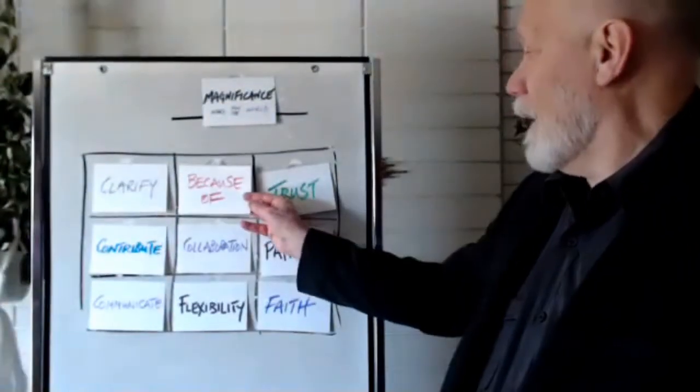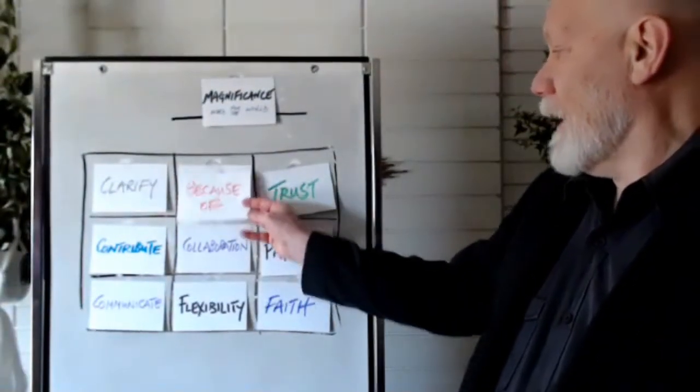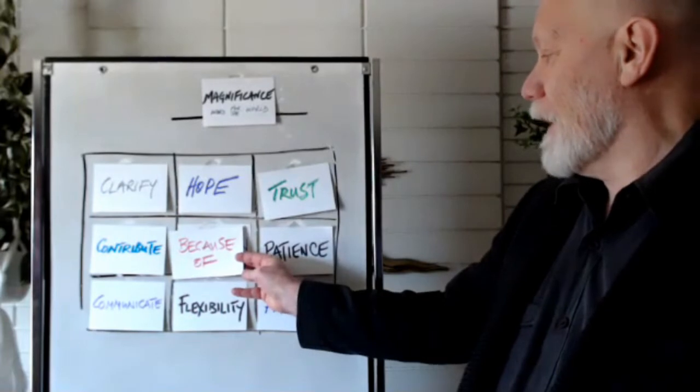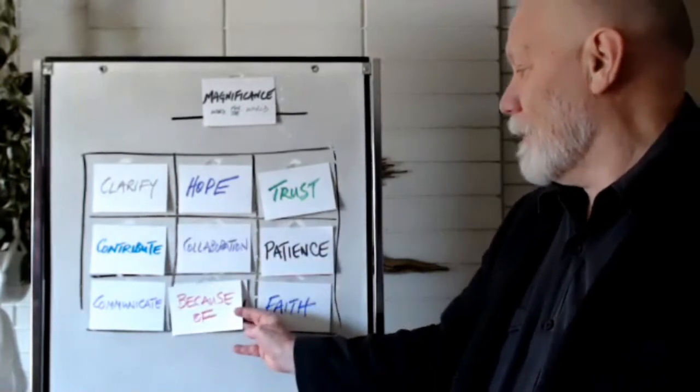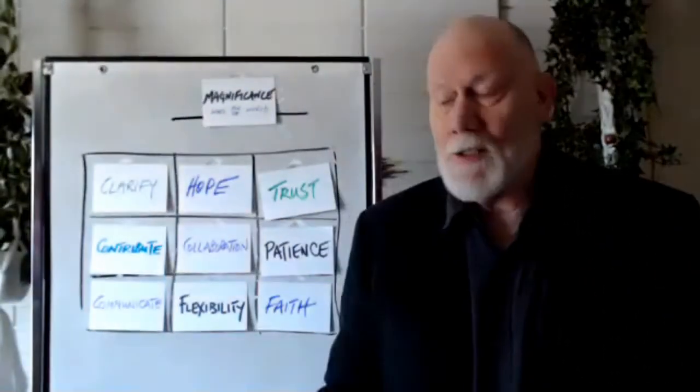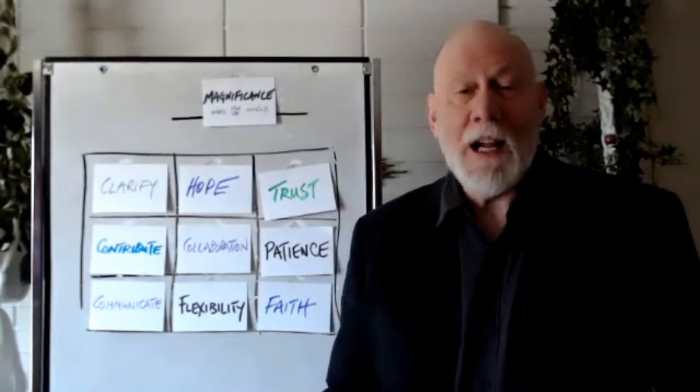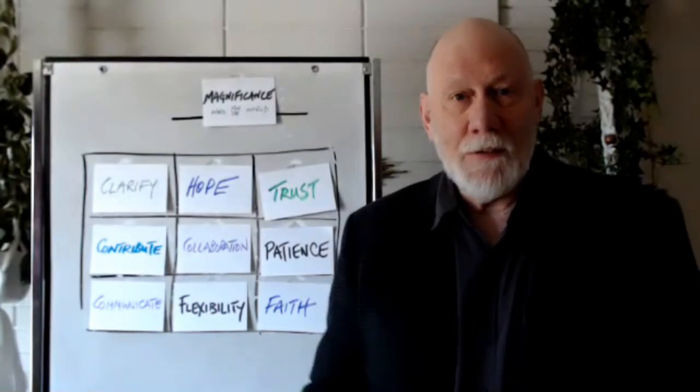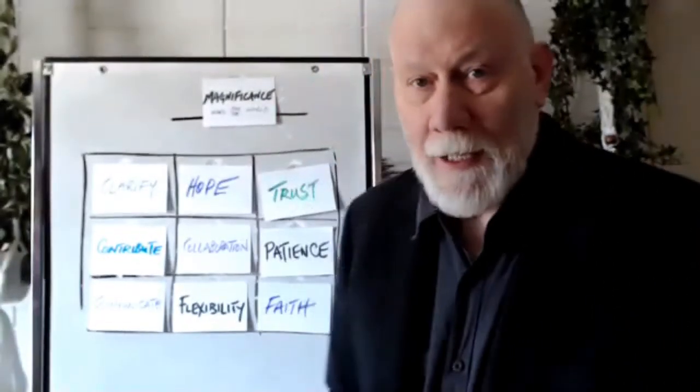And then what you then do is say, okay, what would happen if clarify because of trust, contribute from because of patience, communicate because of faith. Again, you can start to see how to create action outcome, these wise practices, inspired standards ideas for yourself that might help you with your writing.